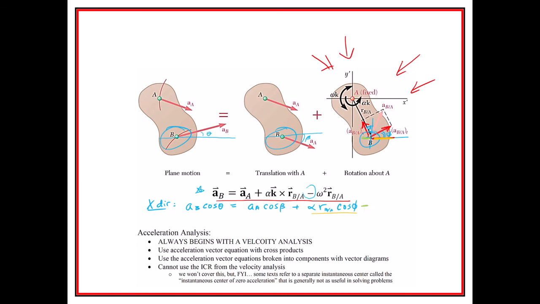I could have color coded all these. And so that's going to be omega squared r times the sine of that phi, right? Because that angle right in there is phi. So we want to have that part of it. And then we do the y direction.